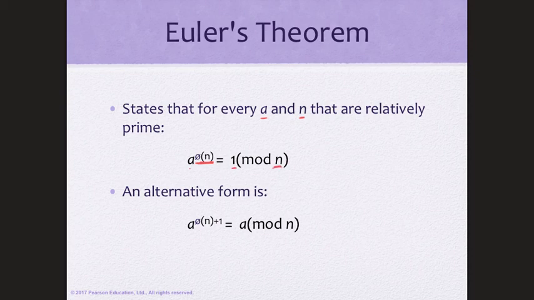And again, if I multiply this side by a and this side by a, I end up with the other form of Euler's theorem. Again, Euler's theorem can be used in reductions of calculations, similar to Fermat's theorem. Very interesting theorems, right?